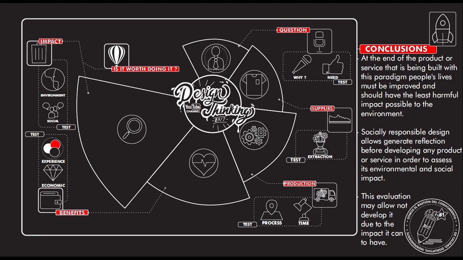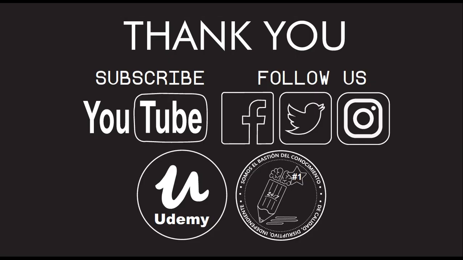That is very important. If you say, okay, I'm going to work with socially responsible design, you need to be aware that perhaps when you do this development and this test, you realize that it could have a very harmful impact on the environment, so you decide not to do it. That is a possible scenario. And also you can say, okay, you can refine it and change it, but it's always very important that you keep that in mind.